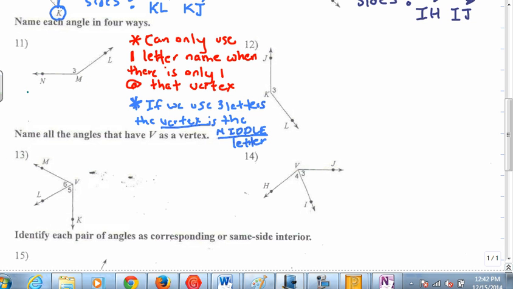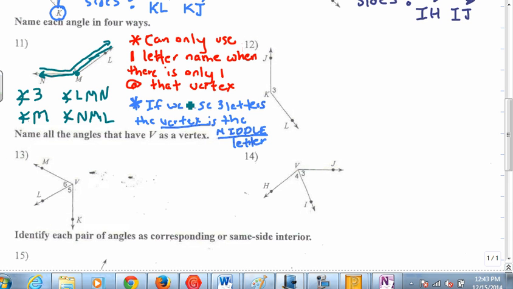Okay, so let's start out. What's one way that you would name this angle? You can start out with angle 3. That's easy. How many angles do we have at this vertex? Just one, so we can name it angle M, since there's only one angle at the vertex. All right, we can name it angle what? LMN. We went this direction. We could go the other direction and name it angle NML.